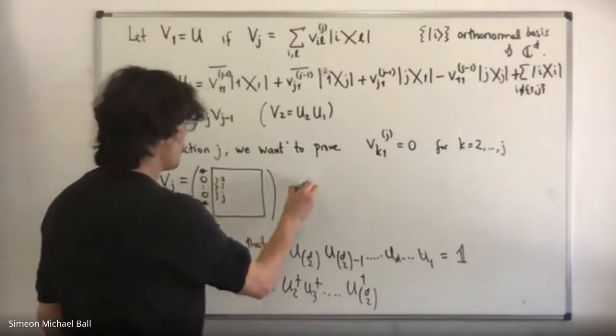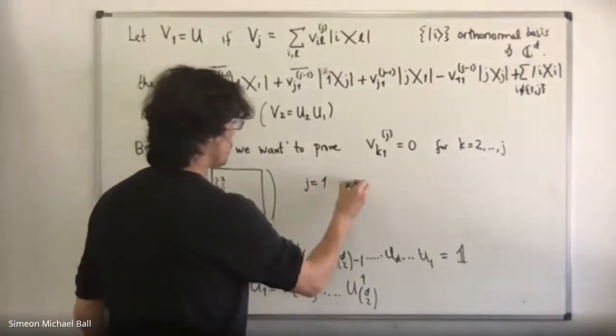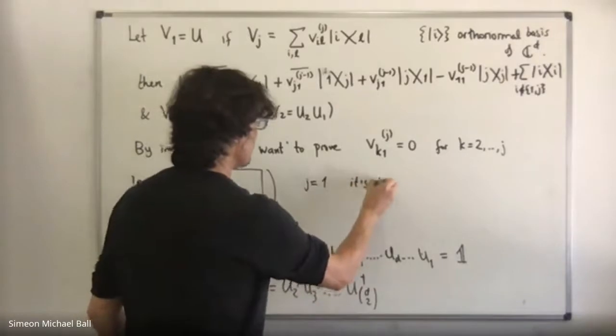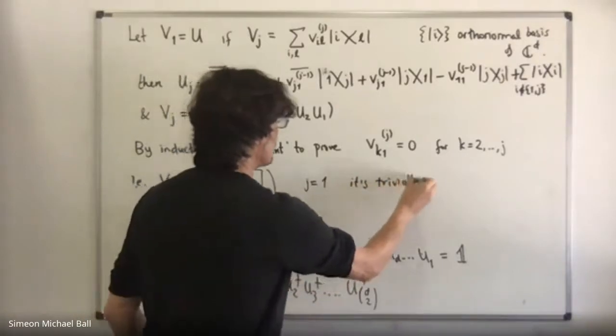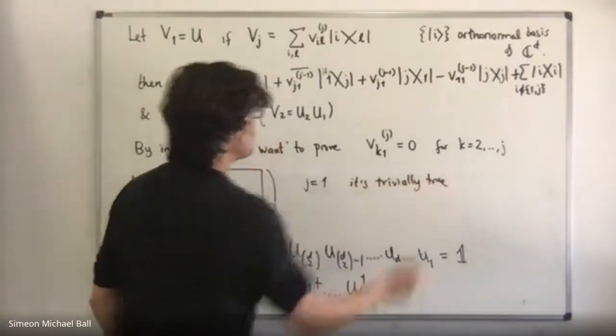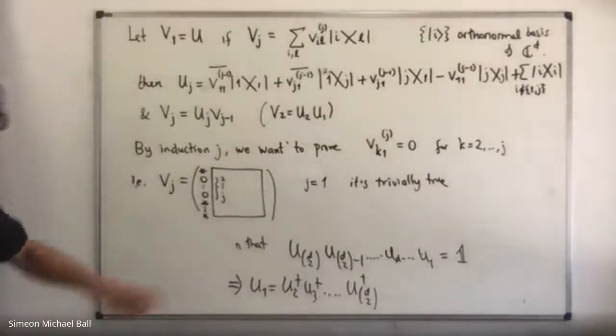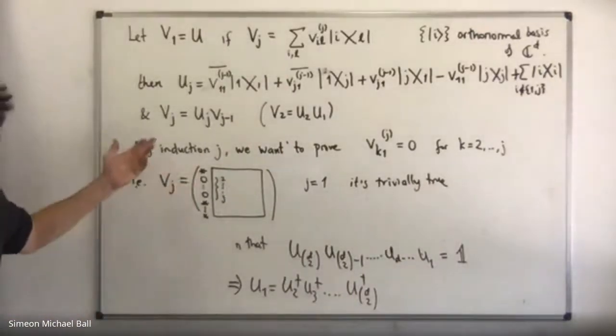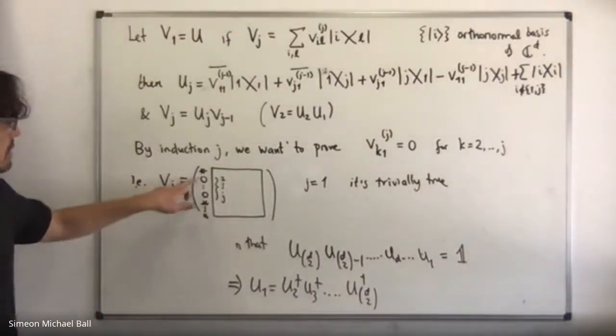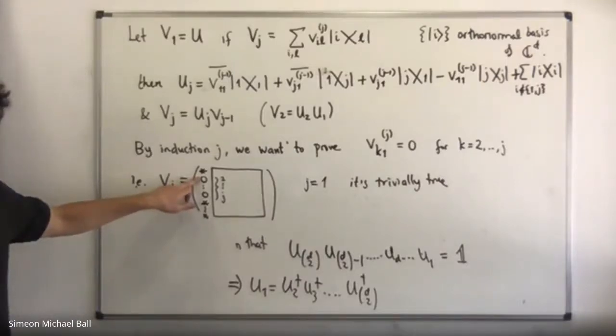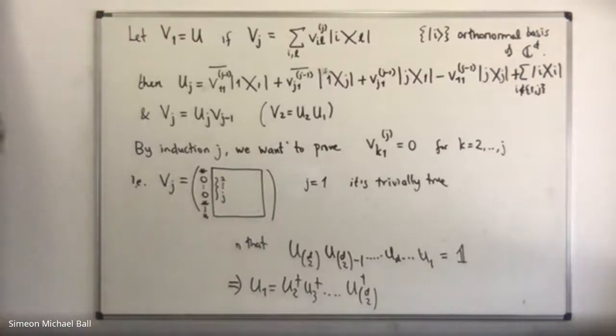For J is 1, it's trivially true, because for J is 1 we're not claiming anything. For J is 2, a 0 suddenly appears in V2, but we will prove that as part of the induction step.